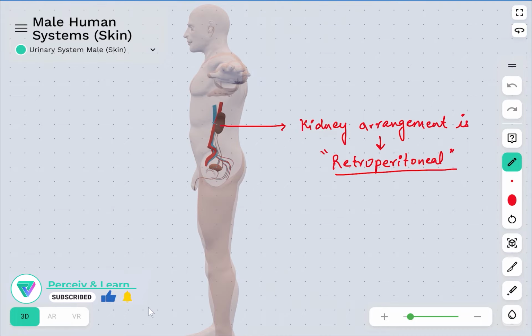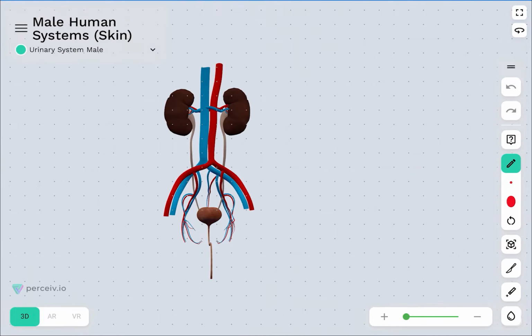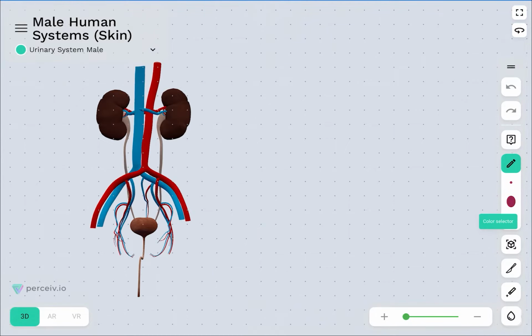We will now talk about the different components of the human urinary system, the dimensions of the kidney, and other features as well. Let's move on to the main model that represents the human urinary system. We will first label the components, and then talk individually about each of them.